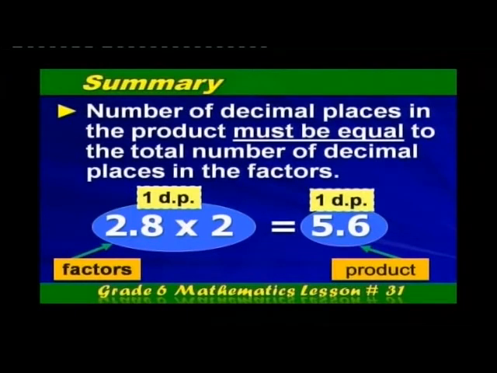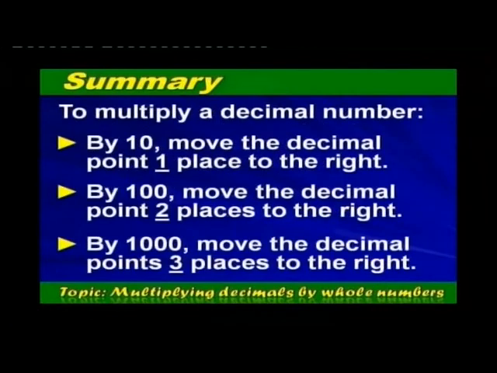There's an example given. Or if you look back at the whiteboard, that statement simply refers to when you are multiplying decimal numbers with 2 decimal places, your final answer must have 2 decimal places. 1 decimal place, your final answer must have 1 decimal place. And the next summary point: to multiply a decimal number by 10, you move the decimal point 1 place to the right.